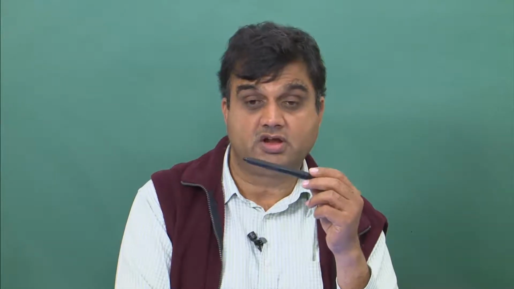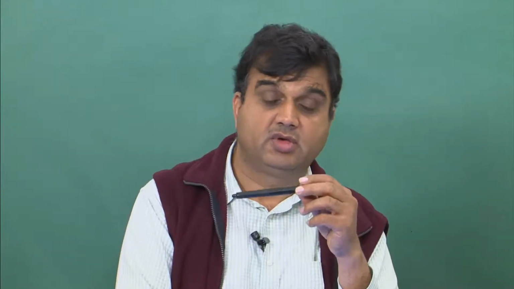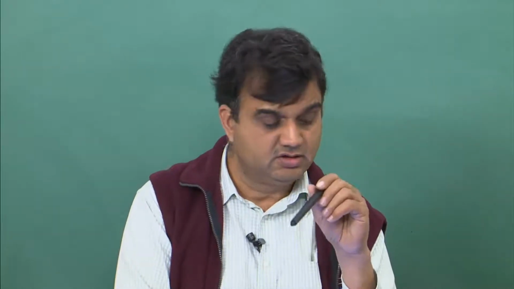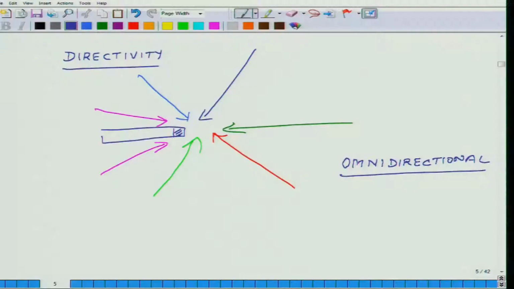Otherwise my recording of sound will be wrong, my input data will be wrong, and I will interpret that information incorrectly. That is what I mean by directivity. Now I will talk about different types of microphones which have different directivity characteristics.